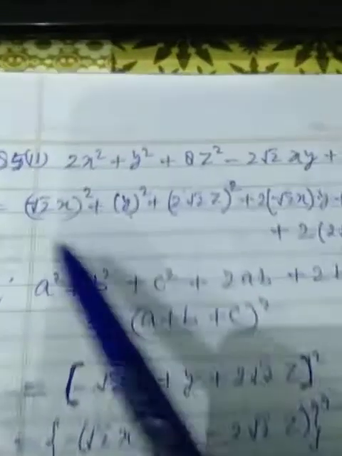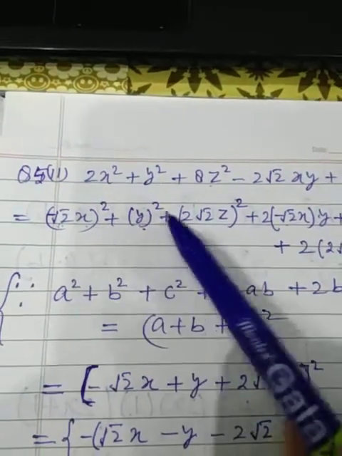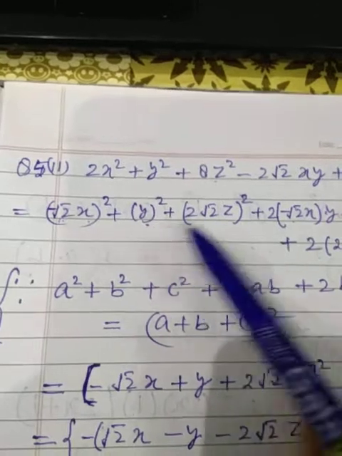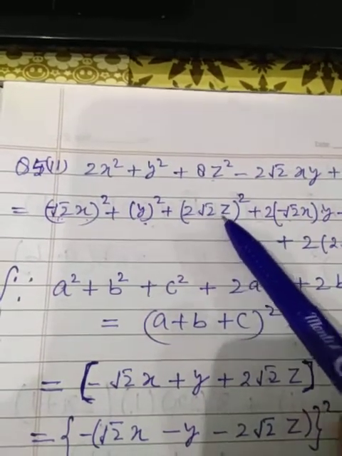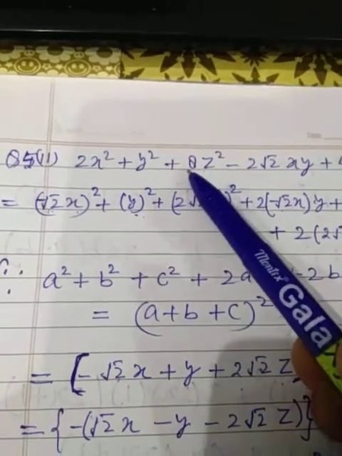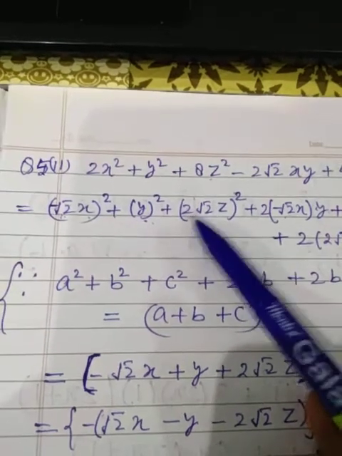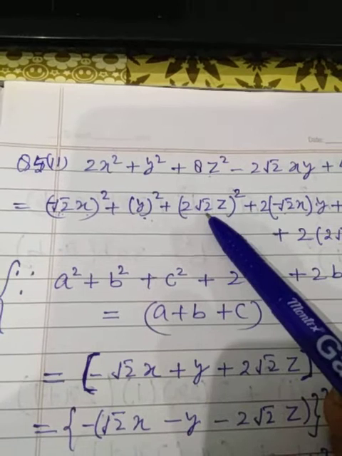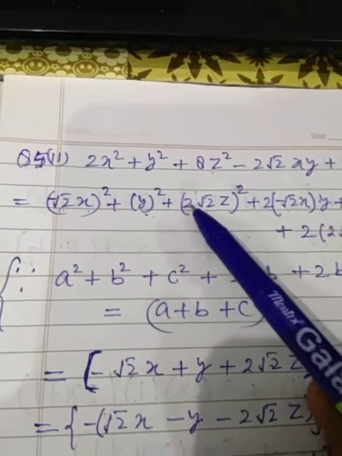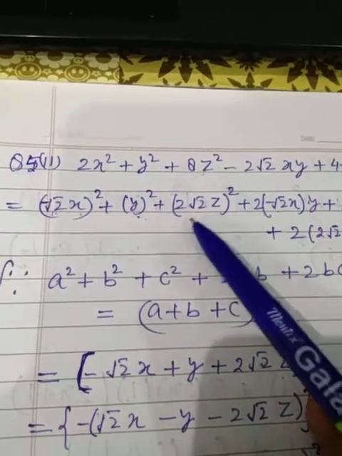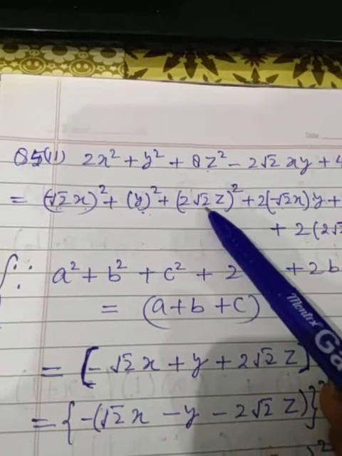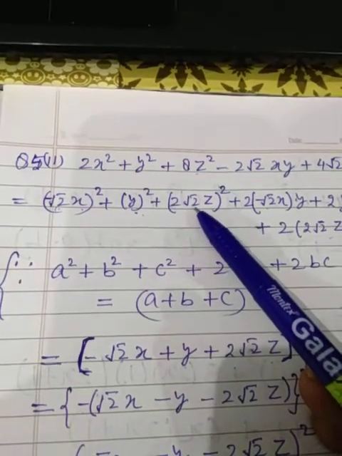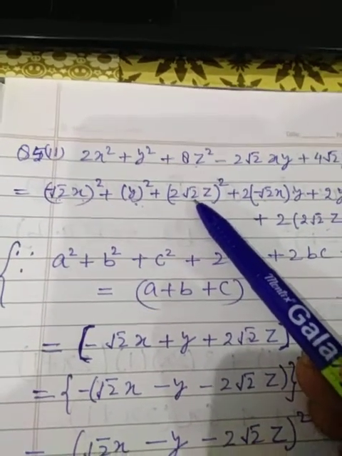2x whole square plus y square, and this is 2 root 2 z whole square, because 8 is the square of 2 root 2, because square of 2 is 4 and square of root 2 is 2, and 4 2s are 8. So I have written this 2 root 2 using the formula of identities, right?